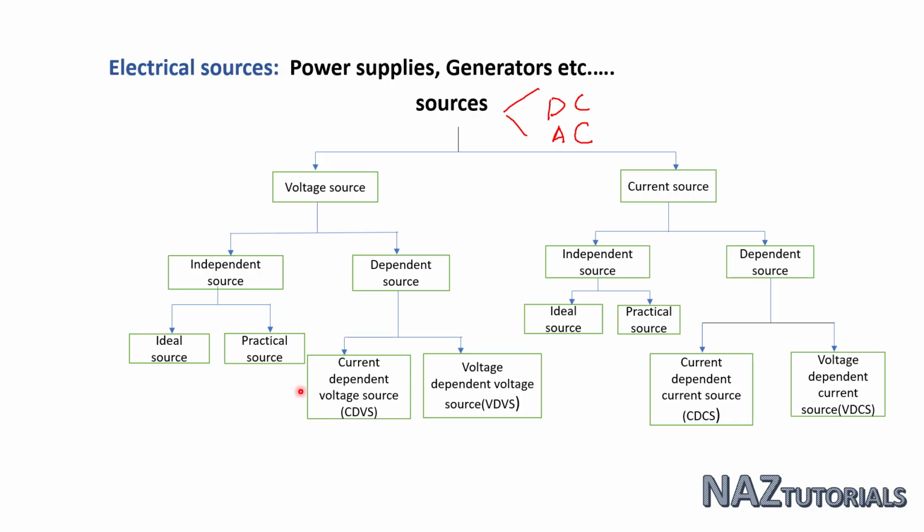But in a practical source there will be some internal resistance, which will give a small drop in the values, in the voltage or current. So in the structure of a practical source, there will be a small drop in the final values, because they have some internal resistance.